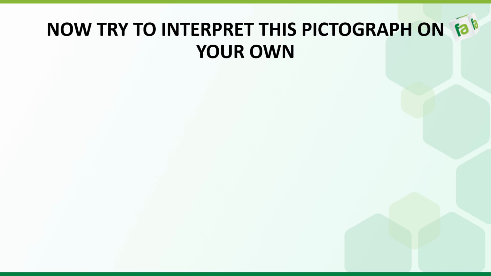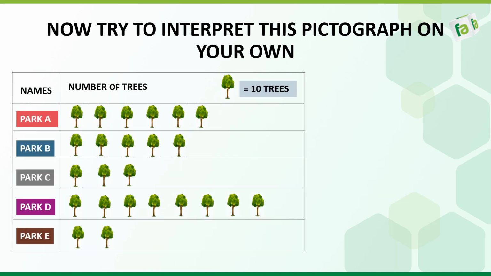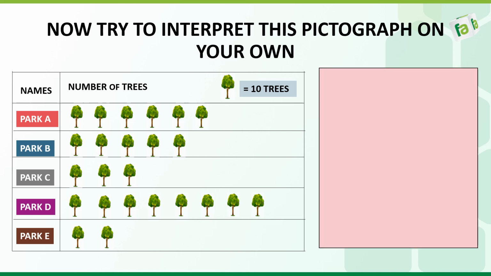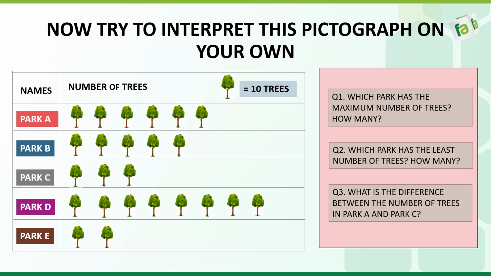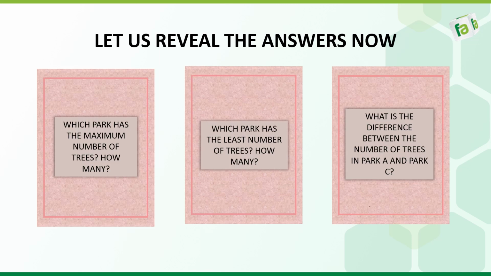Now, try to interpret this pictograph on your own. Pause the video here and try to answer these questions. Let us find the answers together. Our first question is, which park has the maximum number of trees and how many?